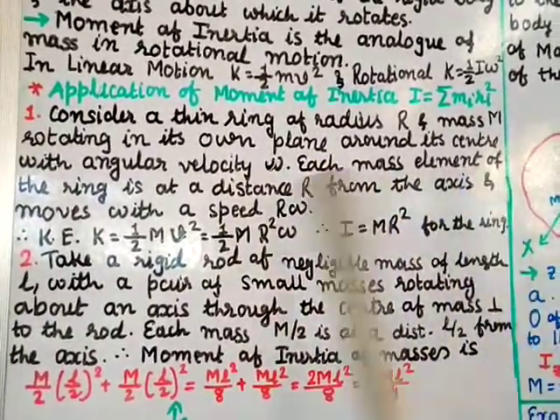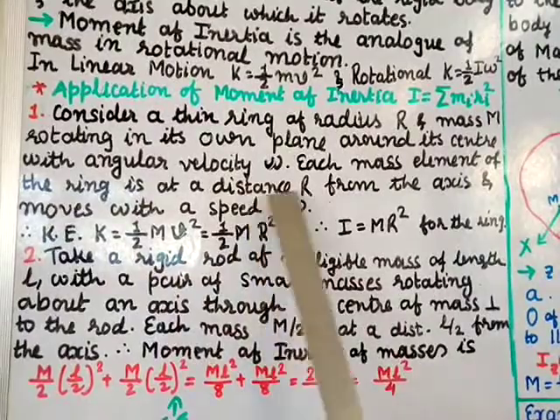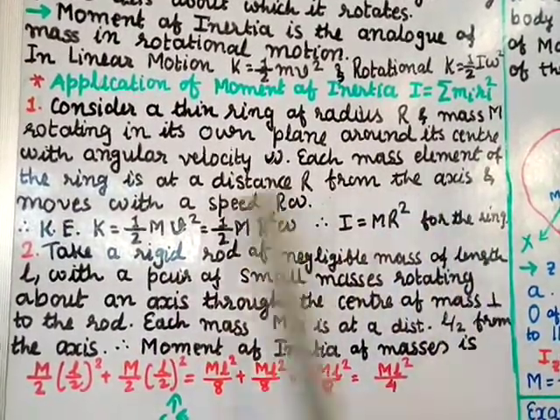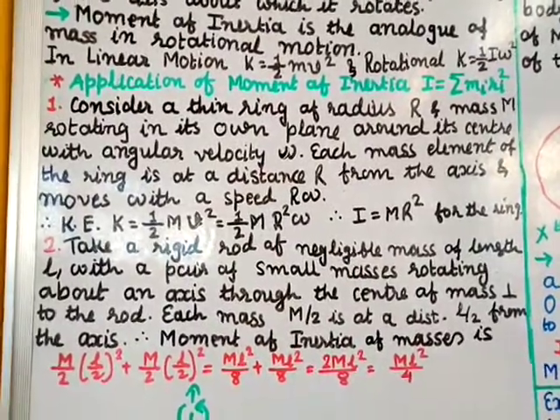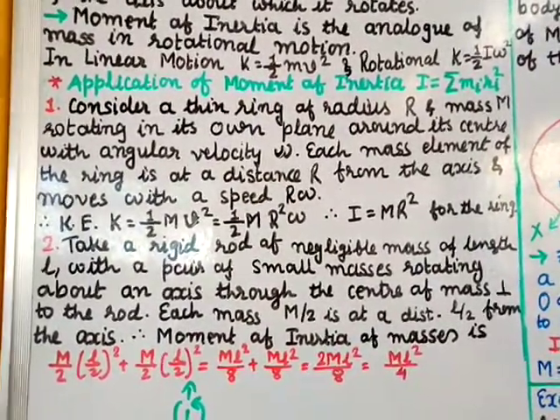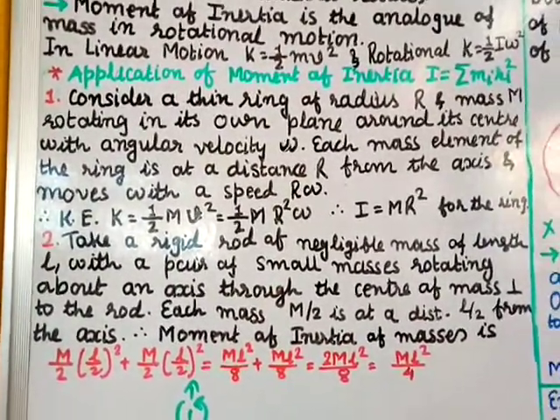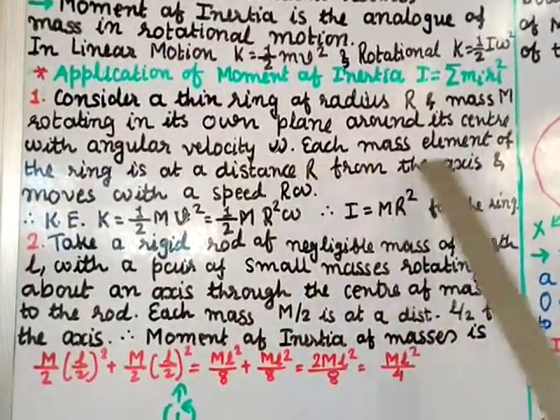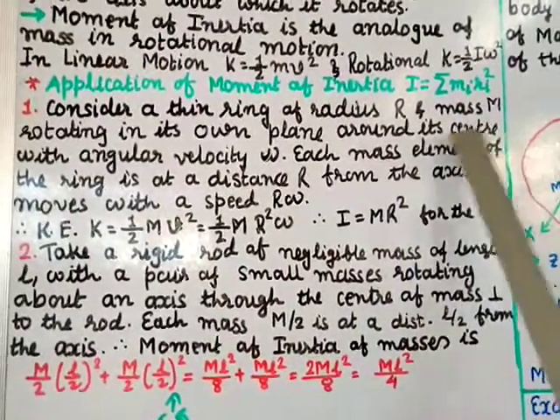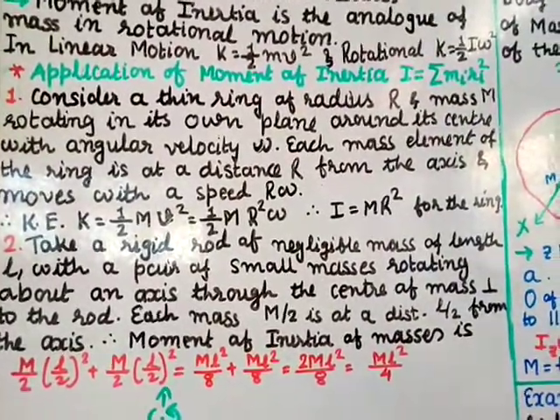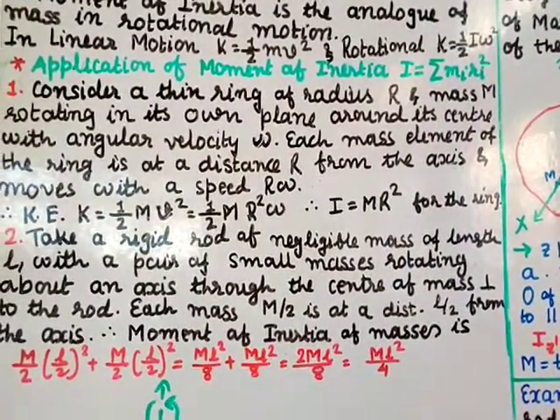Each mass element of the ring is at a distance r from the axis and moves with a speed r omega. Since it is a ring, each point on the ring will be at a distance r from the axis. Where is the axis? We are rotating around the center, so the center is the axis. The axis passes through the center and we are rotating around that.